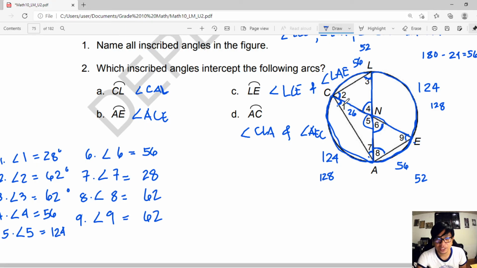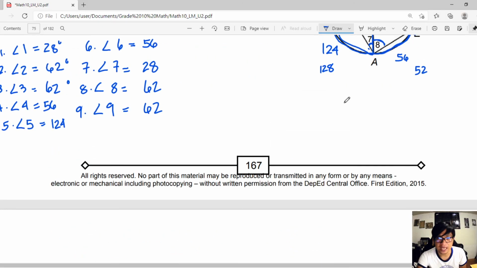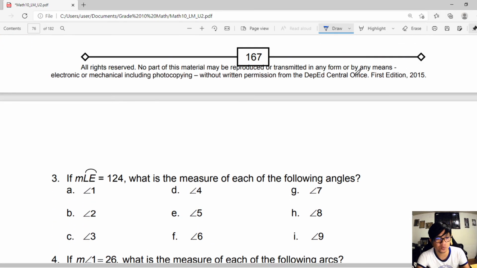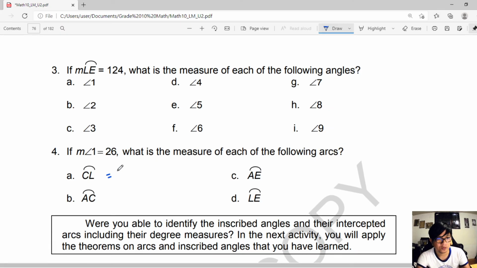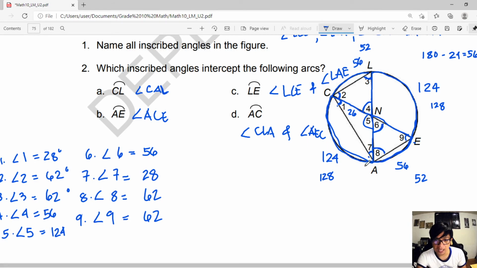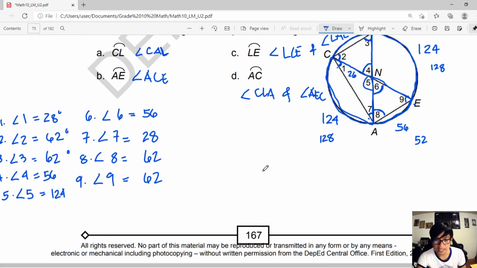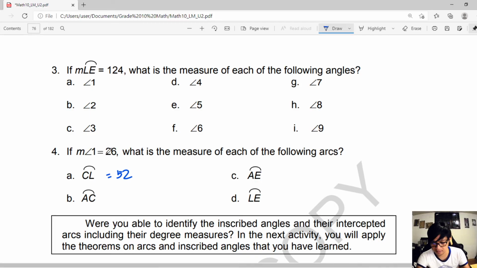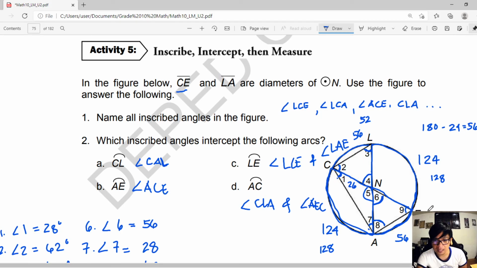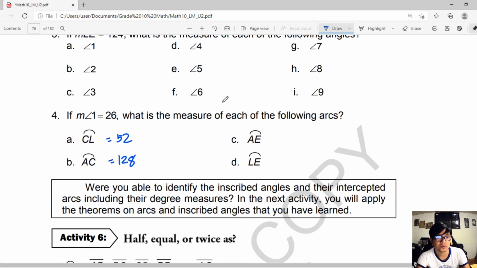So, the measure of CL is 52. AC, 128. AE, 52.